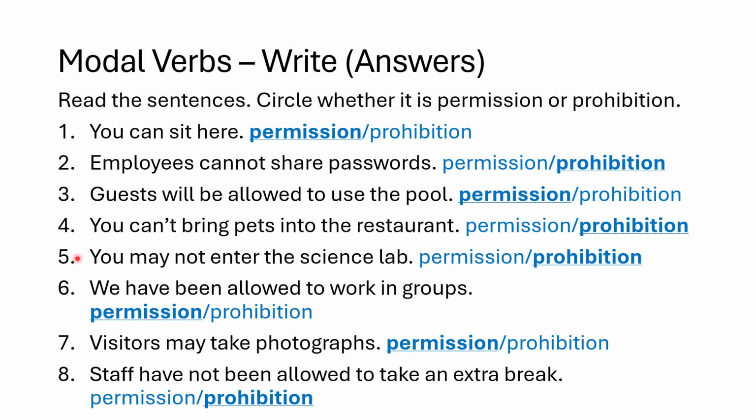You may not enter the science lab. This is prohibition. 6. We have been allowed to work in groups. This is permission. 7. Visitors may take photographs. This is permission. 8. Staff have not been allowed to take an extra break. This is prohibition.